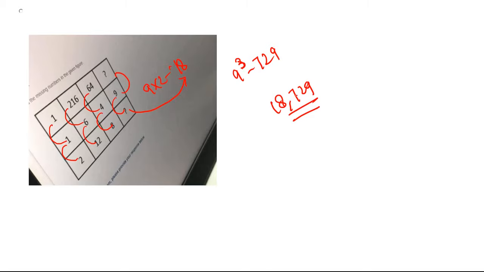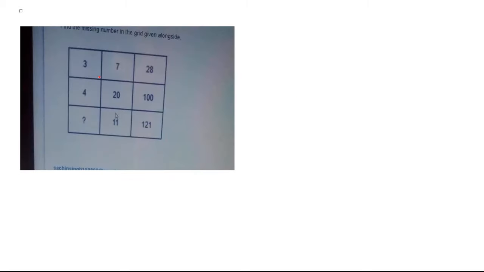Let's move to our next question. So see what we are doing here in that particular one. So let's try to understand the logic. So you can see 7. If we multiply this by 4, then we will get 28. So here we are having 3. So if we are doing 7 into 3 plus 1, we'll be getting 28.